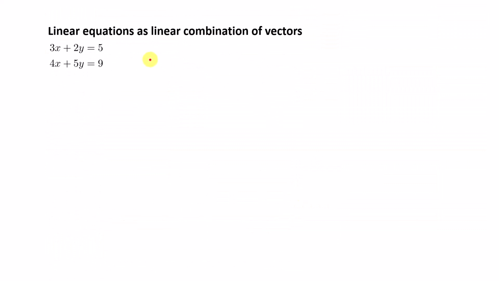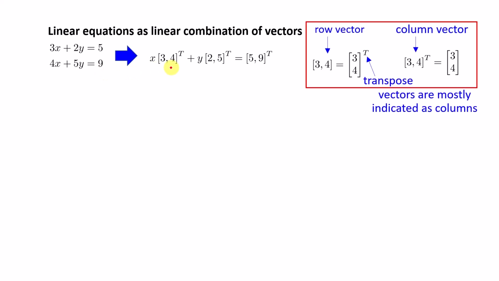In the same way, linear equations can be seen as linear combinations of vectors. So for example, see these two equations: 3x plus 2y equals 5, 4x plus 5y equals 9. We can write this as x multiplied by vector (3, 4), y multiplied by vector (2, 5), equals vector (5, 9).